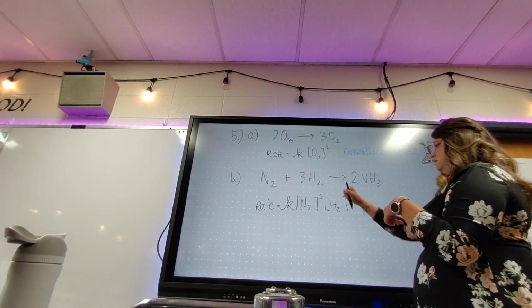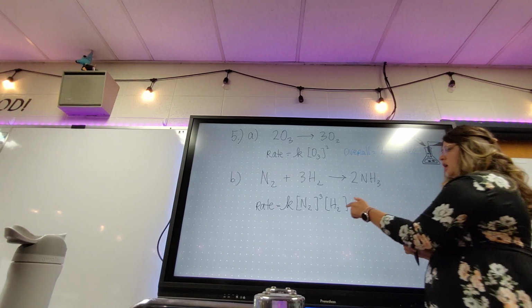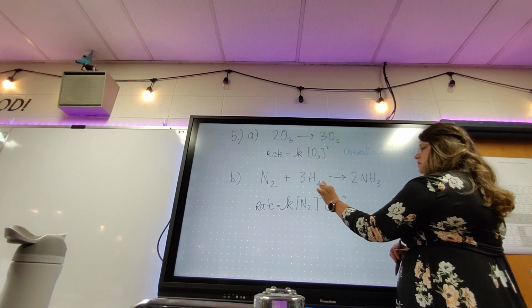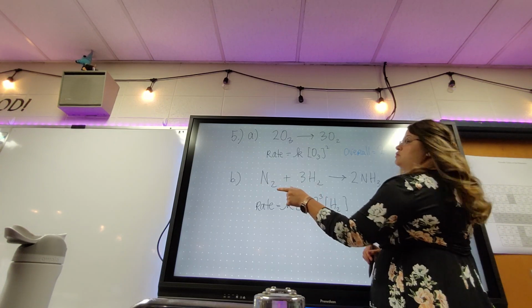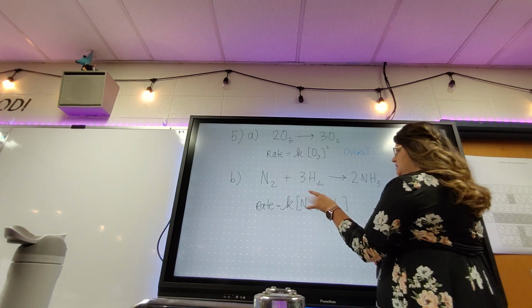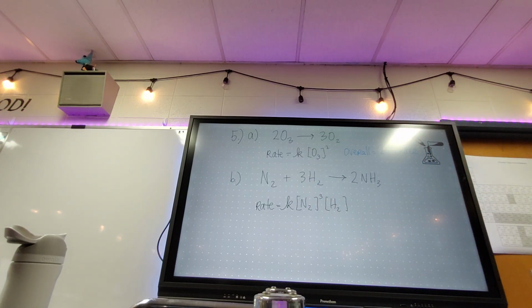So that's not a thing. So do you see how here on this reaction, actually your numbers are flip-flopped from the stoichiometry. So you would think that if you were looking at stoichiometry that the exponent for the N2 should be 1 here, but it's not, it's 3. So you just have to pay attention to those things.